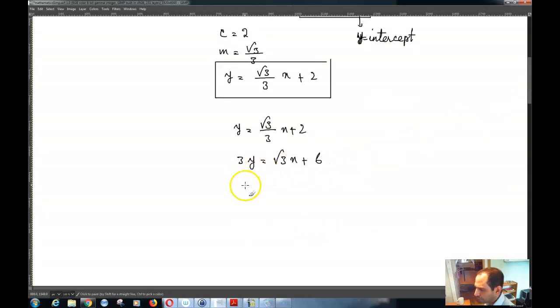And so negative square root of 3 times x plus 3y minus 6 is equal to 0. And so you can write this as square root of 3 times x minus 3 times y plus 6 is equal to 0.